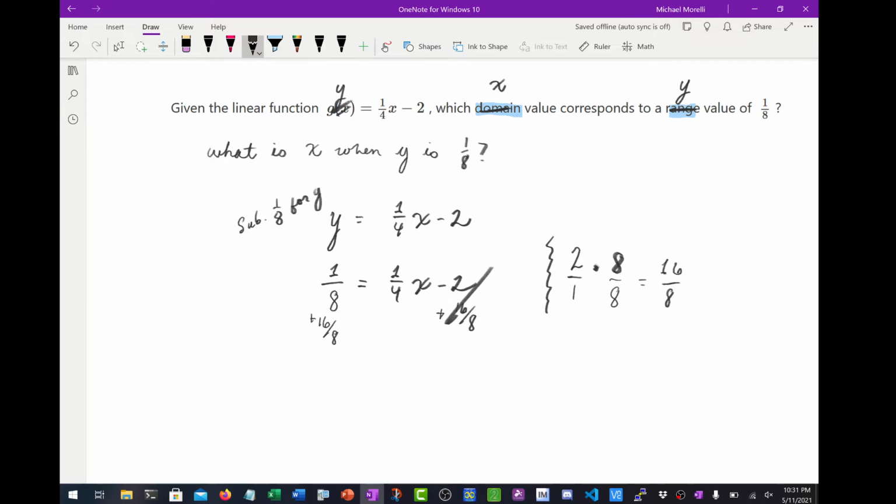But over here, because I now have common denominators with these 8s, I can add 1 plus 16 and get 17/8 equals 1/4 x. And now I'm going to do the multiply by the reciprocal. So I'll multiply by 4 over 1 on both sides.